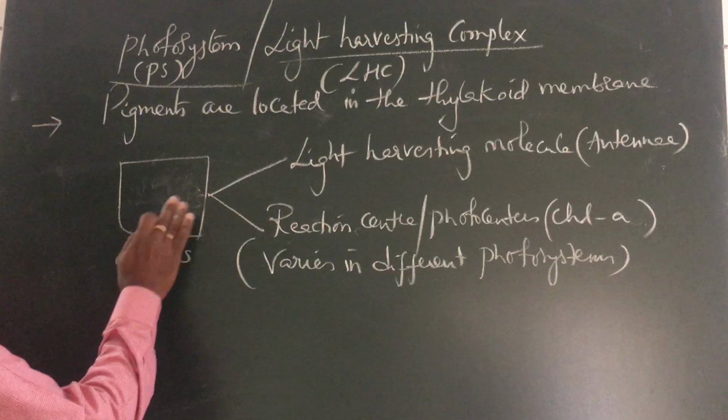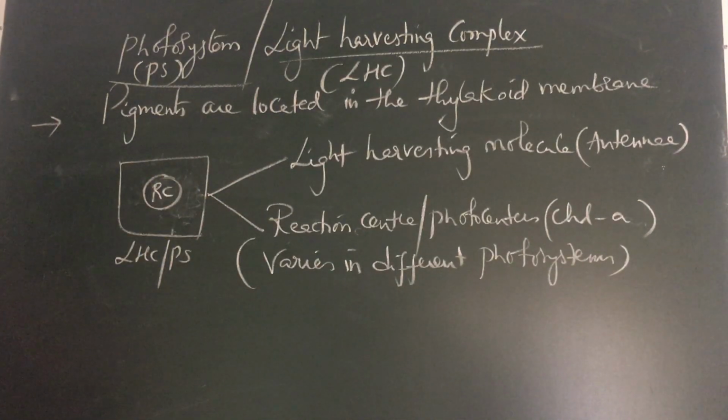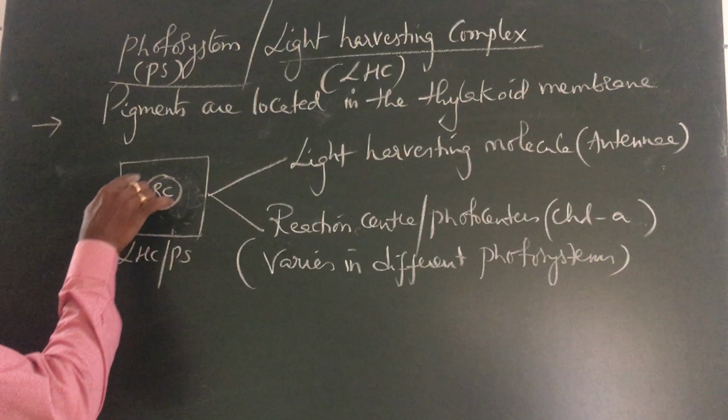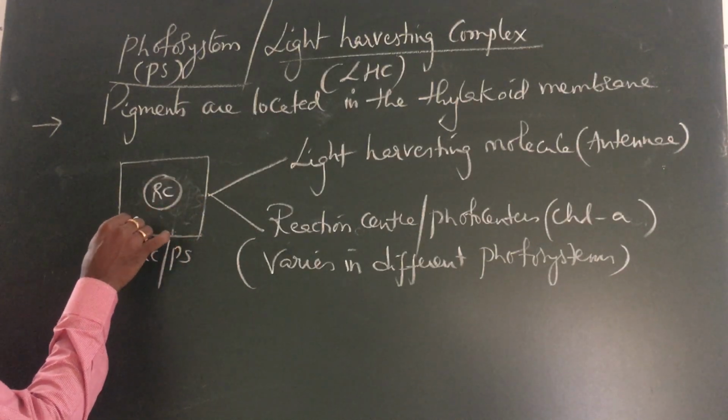Here the RC, the reaction center, will be at the center. That means chlorophyll A is at the center, surrounded by light harvesting molecules, the antenna.